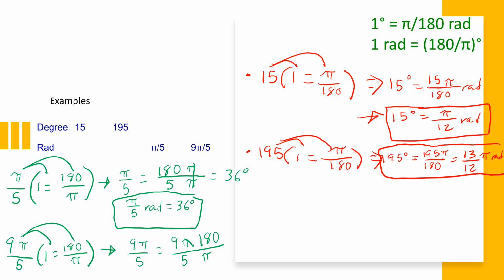Here the pi's are going to cancel each other out, and then I can take 9 times 180 divided by 5, and I get 324 degrees. So here I have 9 pi over 5 radians equals 324 degrees.